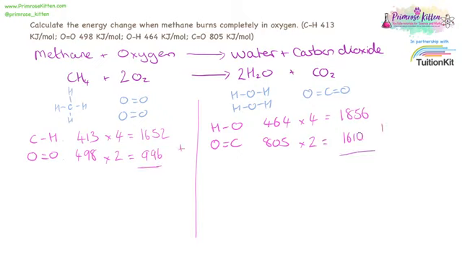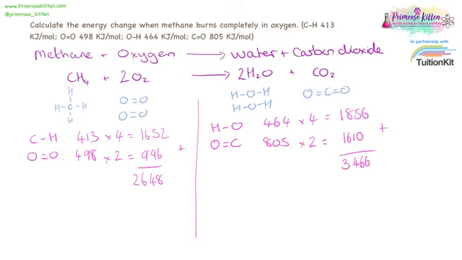We can then add those together. So 1652 plus 996 gives us 2648. 1,856 plus 1,610 gives us 3,466.